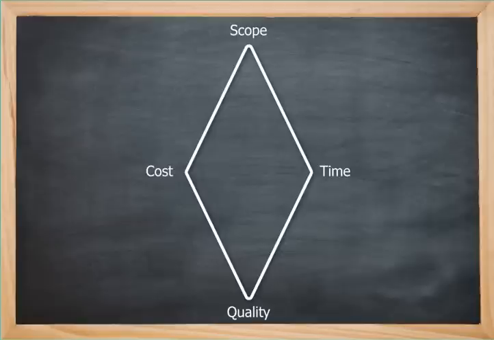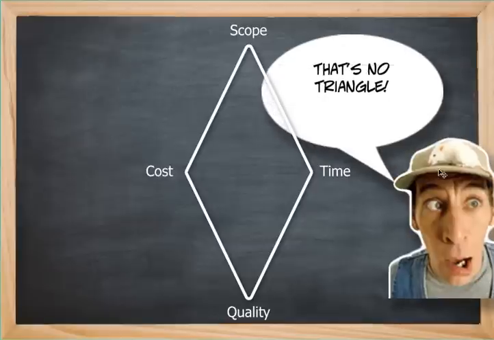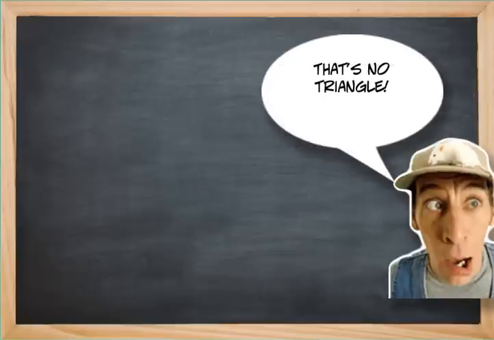Occasionally you'll see the triangle viewed as four vertexes. And that includes scope, cost, time, and then quality treated somewhat separately. And that's not the only way we can look at this. In fact, in the fourth edition of the PMBOK guide, you won't believe this, but there's actually a very brief mention, and it's not even viewed as the triple constraint.